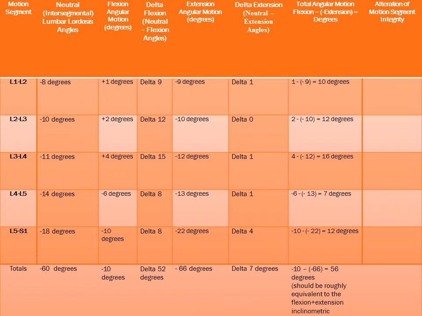And in this case that equates to minus 10 degrees of lordosis, minus 66 degrees of lumbar lordosis equals 56 degrees of total angular motion, and that should correlate with the total angular motion of each of the individual motor segments, and in this case it does.